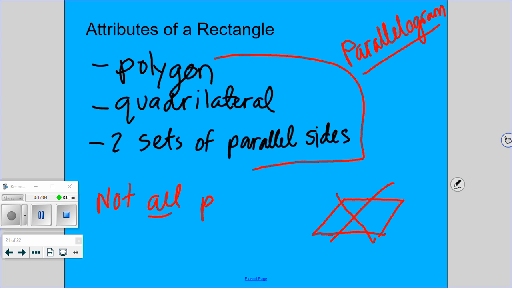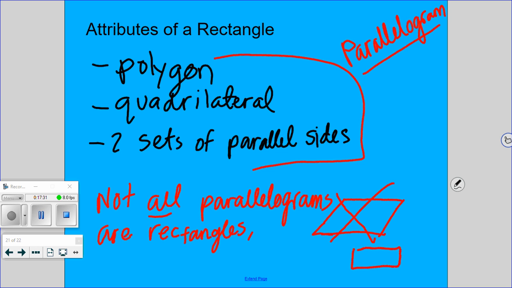Not all parallelograms are rectangles, but every single rectangle I can draw is a parallelogram. So if I draw a rectangle, that shape, also a parallelogram.